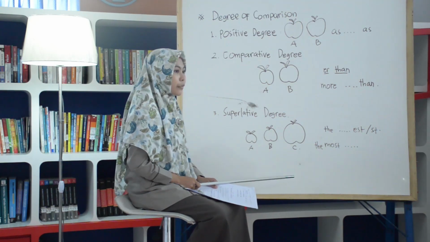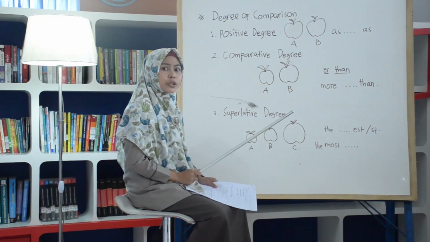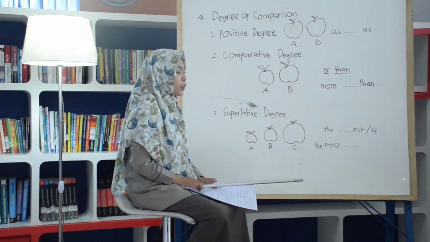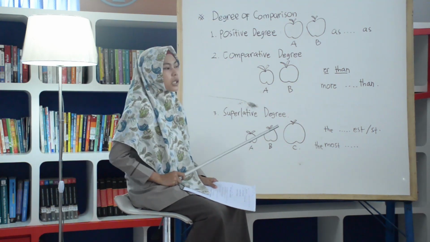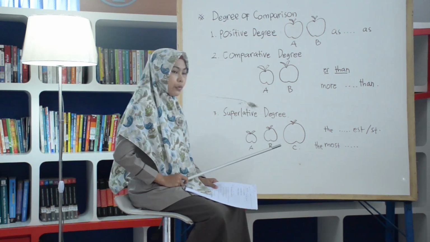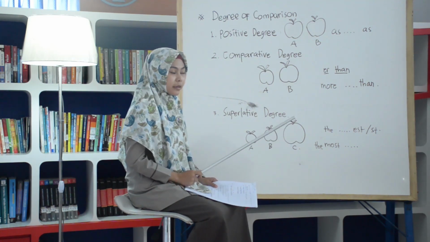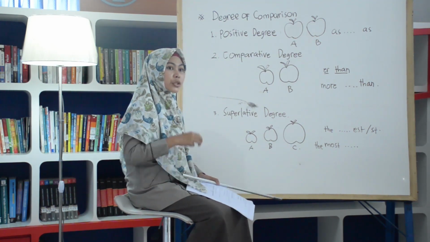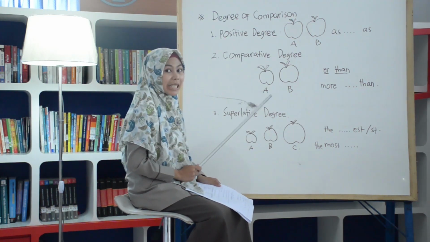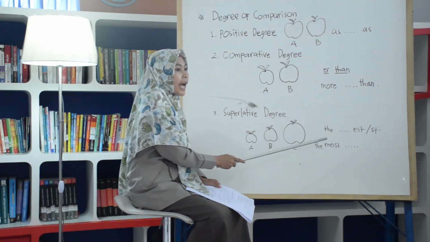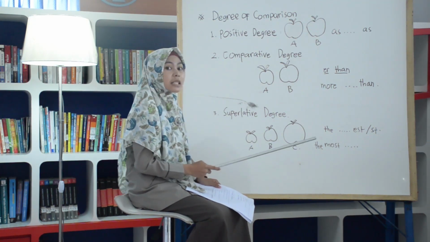But if the adjective is more than two syllables, you have to use most, the most. For example, Yusuf and Ahmad and Zain. So in the three boys, Yusuf is the most handsome compared to Ahmad or Zain.